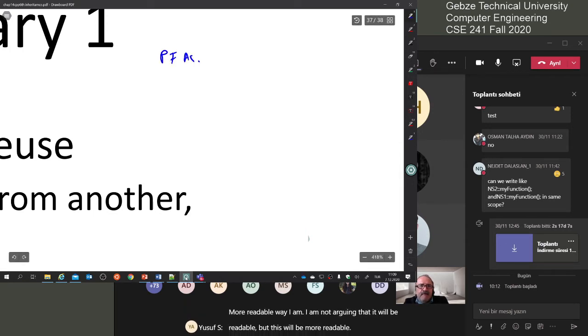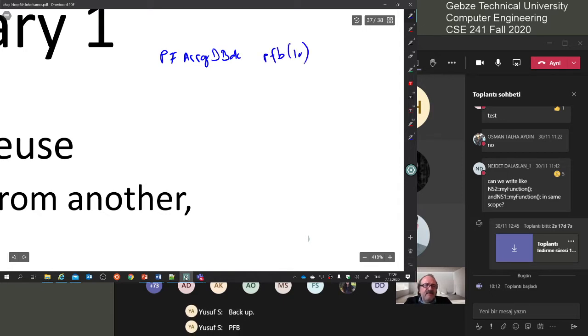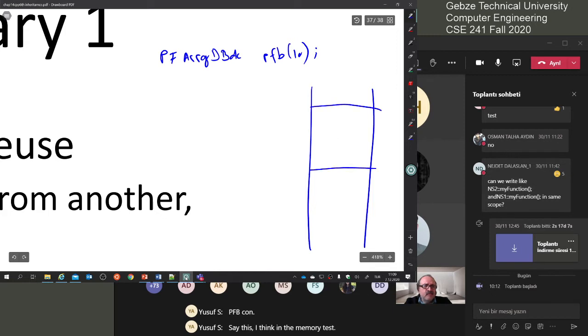pf array d backup pfb 10. When I say this, I think in the memory this pfb is going to be like, there is this other part where I have this pf array, and pf array has 3 things in it, right?